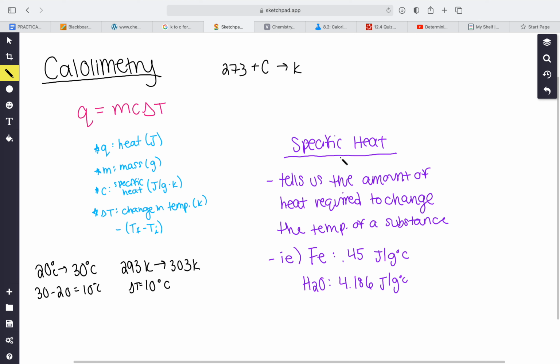Okay, so now going on to talk about what specific heat is, just as a conceptual thing. You don't have to really understand this, but it does help a little bit when you're doing the calculations to see whether you're doing this right. Specific heat tells us the amount of heat required to change the temperature of a substance. Let's think about that for a second.